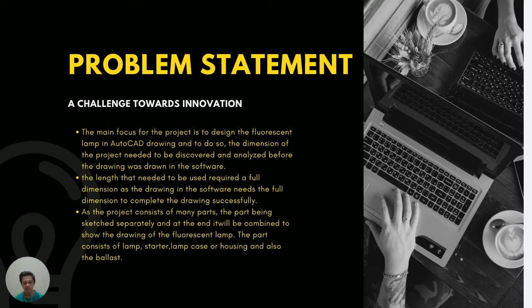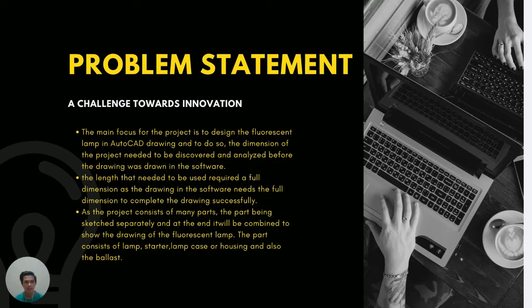So we as a group want to make a fluorescent lamp in a hostel in UTHM Pagoh campus. Actually, the hostel has the fluorescent lamp 4 feet 18 watt. So one of our members, Tarhamis, takes the right and precise dimensions of the fluorescent lamp.